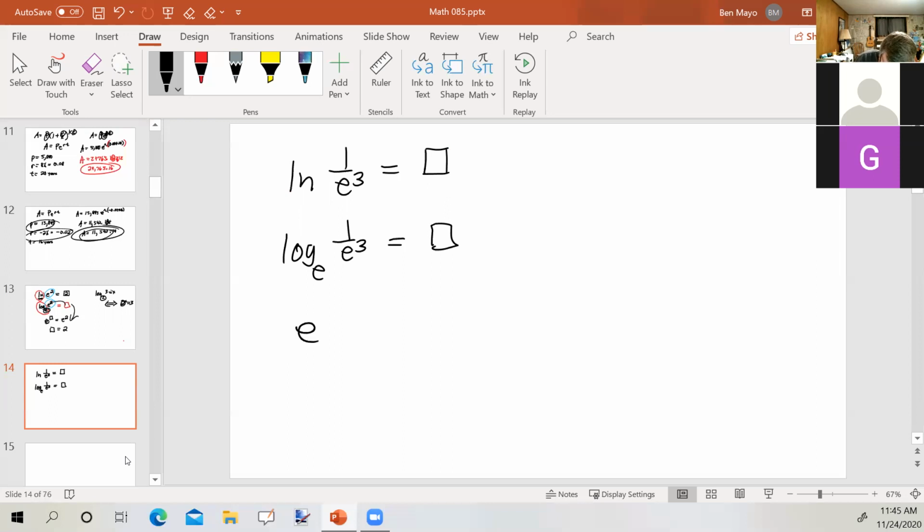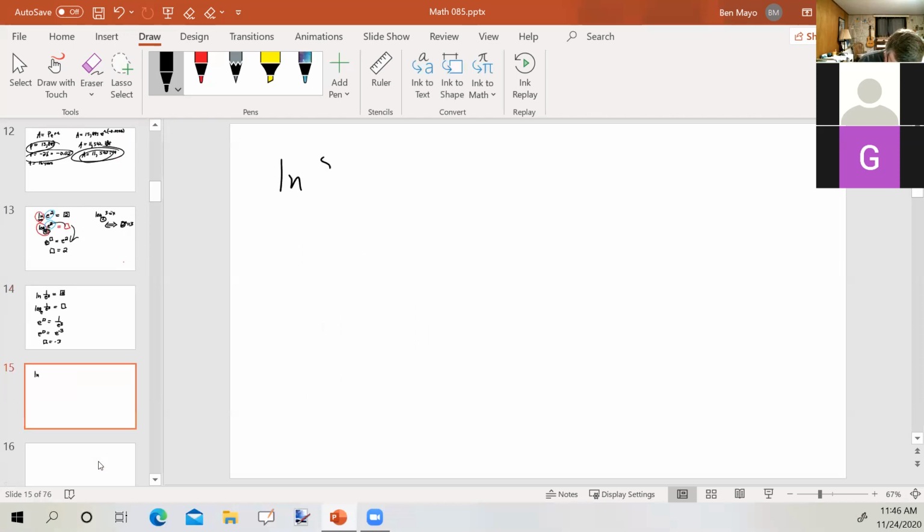So the base is the same, but the players change places. But I could take 1 over e to the 3 power and write it as e to the negative 3 power by moving it upstairs. So the box equals negative 3. Okay with that? Yes.